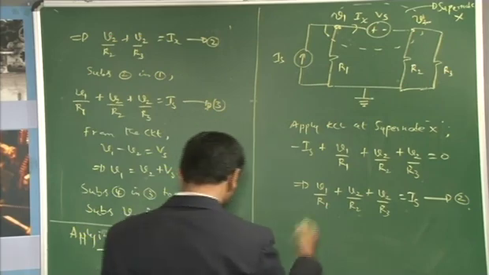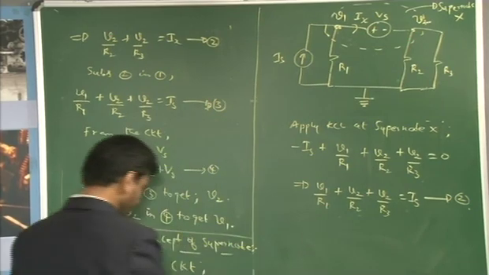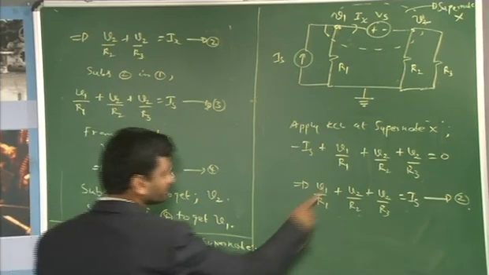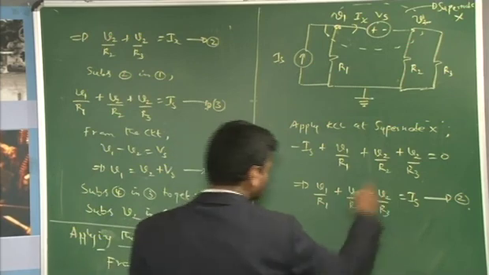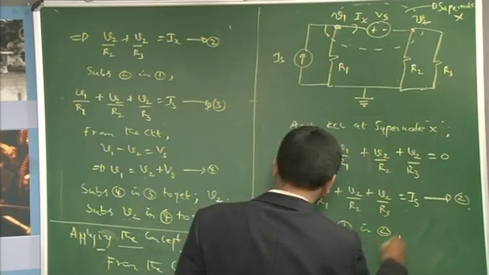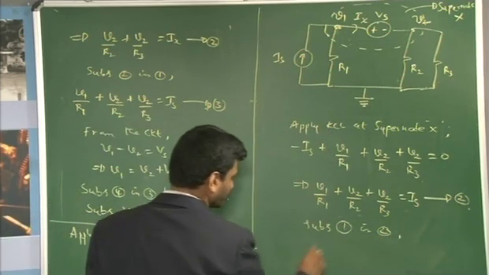Just for the sake of formality, we complete this problem now. V1 is equal to V2 plus Vs, take this as 1. Substitute 1 in 2. So, V1 being equal to V2 plus Vs will be substituted here.